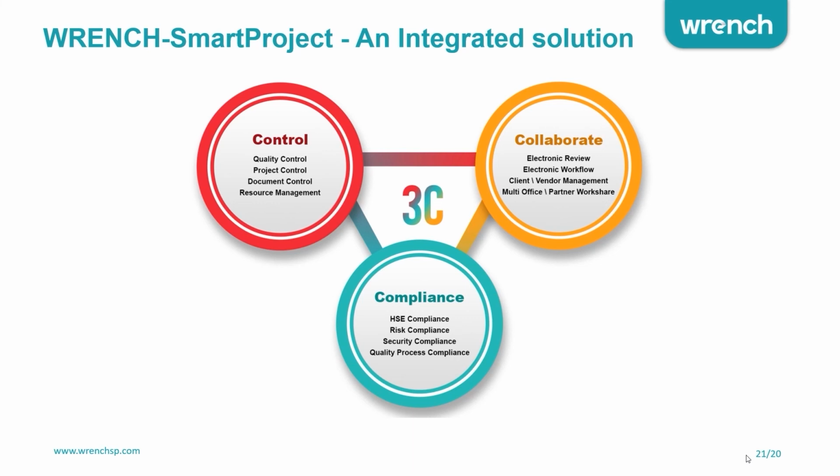Second is collaboration, which enables all the stakeholders to be connected on one single platform to seamlessly collaborate digitally and also work across multiple offices, multiple partners, and also have your client, supplier, everybody integrated on the same platform for collaboration. And the third C is compliance in terms of HSE, in terms of quality, in terms of security, and also ensuring that the quality management processes are adhered to.